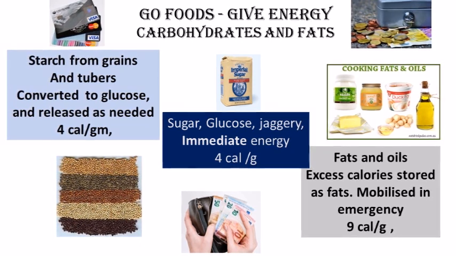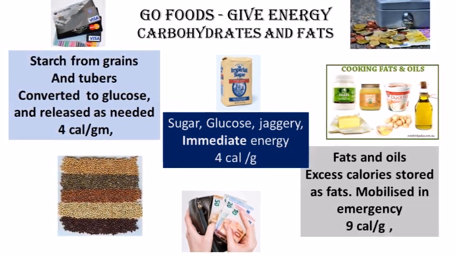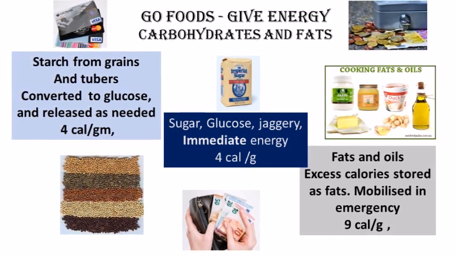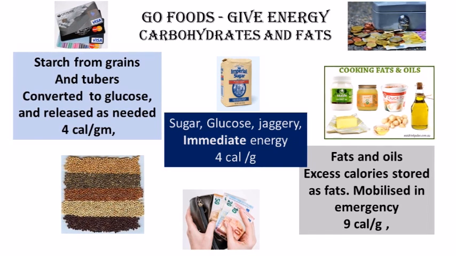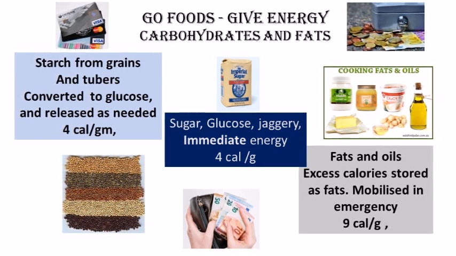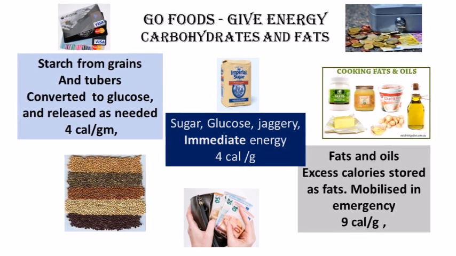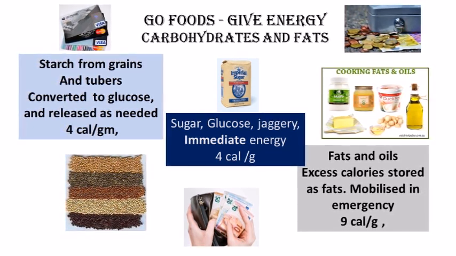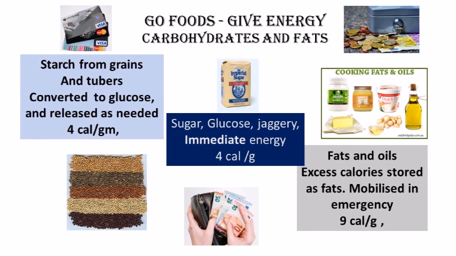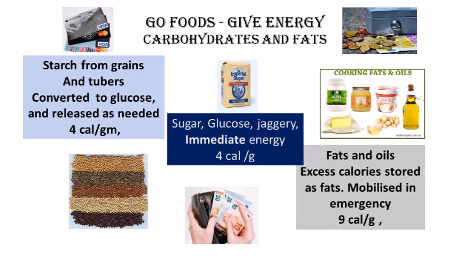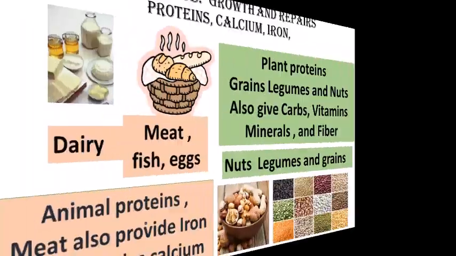But starch from grains and tubers needs to be hydrolyzed to give glucose. This glucose is stored in liver and is released as needed in the body like a savings account operated with a credit card. Excess calories are stored in the form of fat. This fat gives 9 calories per gram and is not easily mobilized. It's something like a fixed deposit.